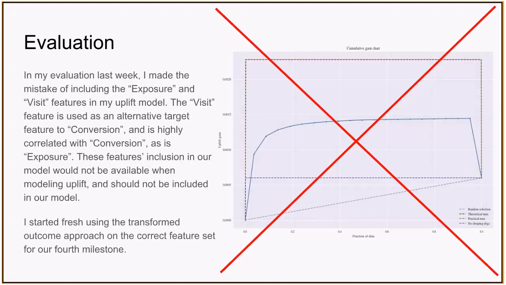So to start off, I want to talk about a mistake I made during the last milestone. If you notice to the right, this is the cumulative gains chart that I presented last week as part of my model evaluation for my random forest regressor.